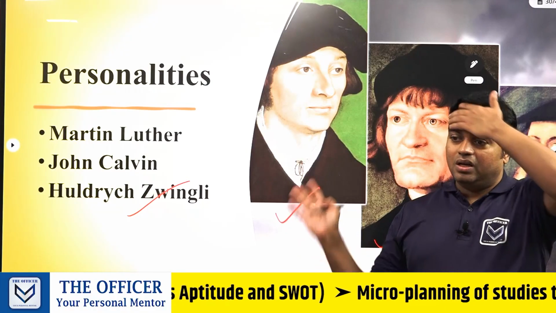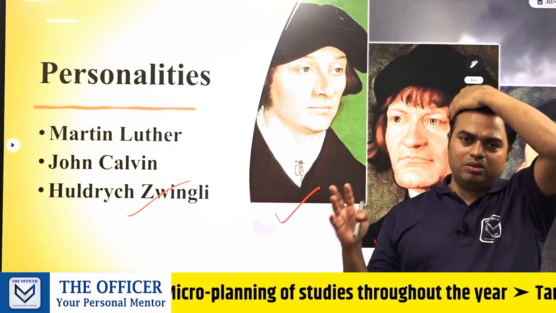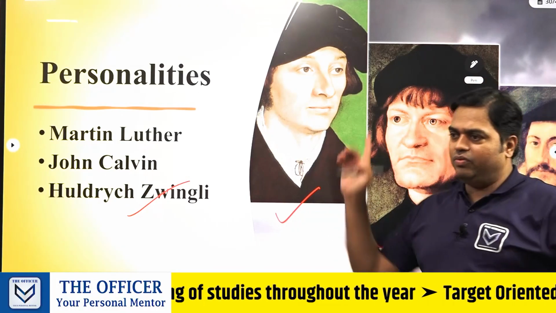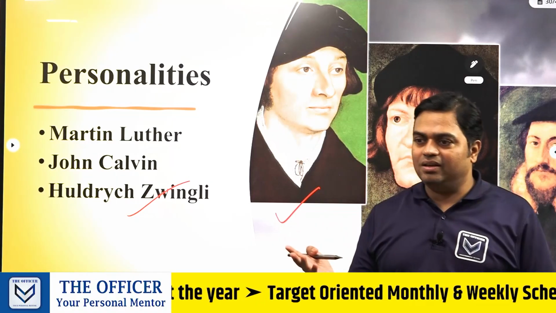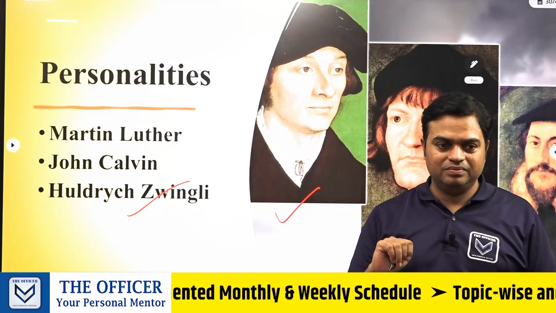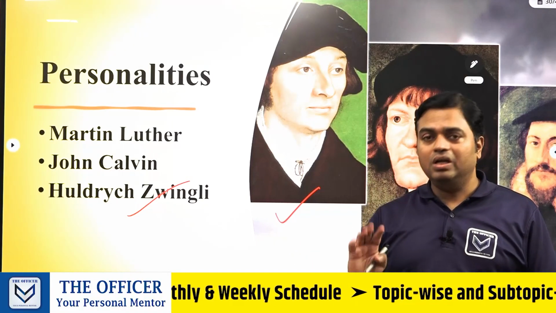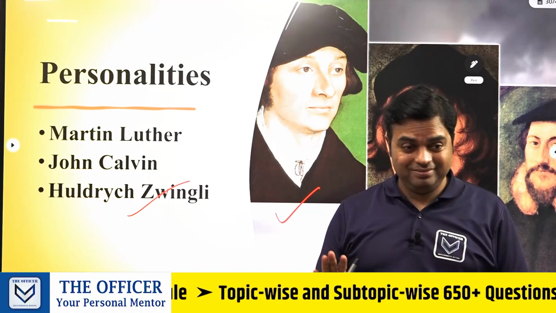For example, one major incident took place when Martin Luther King visited Rome. At that time, the Pope was selling passes of sin, passes to reduce the sin.